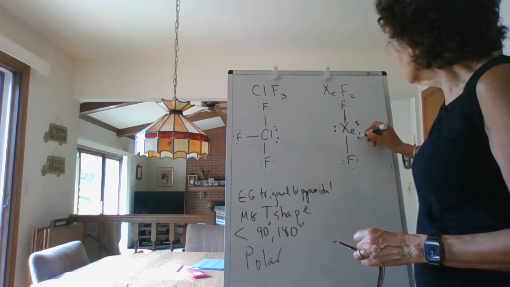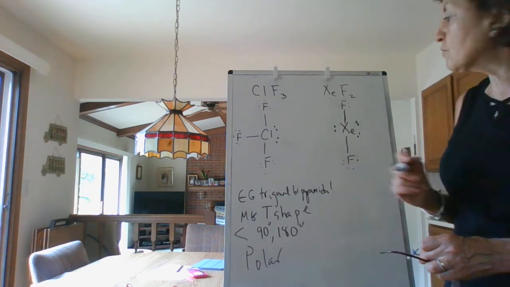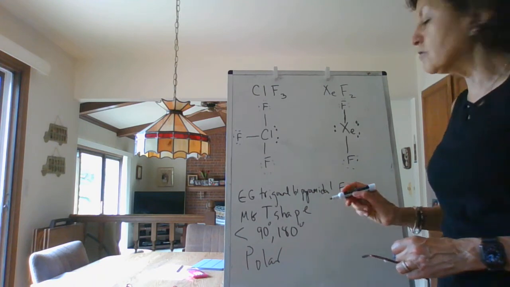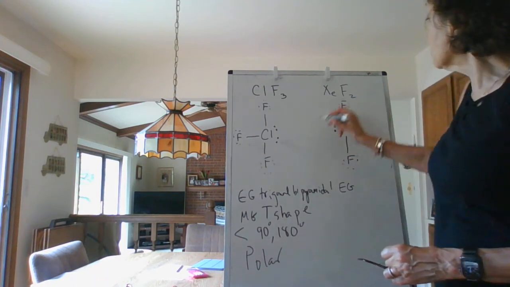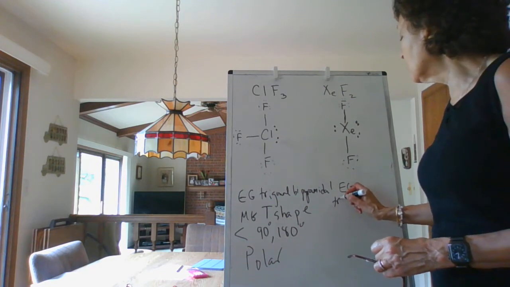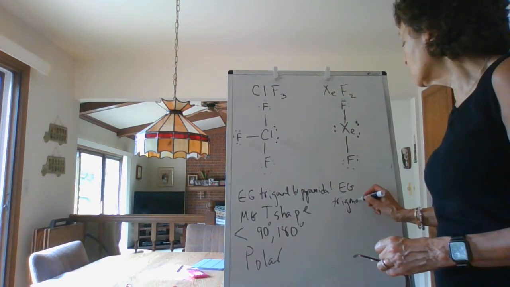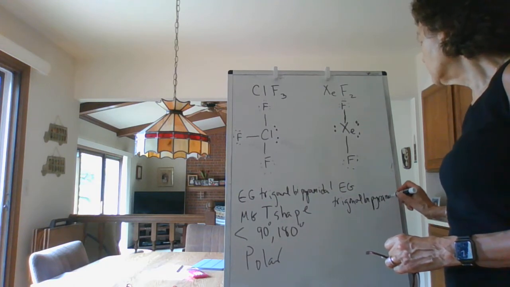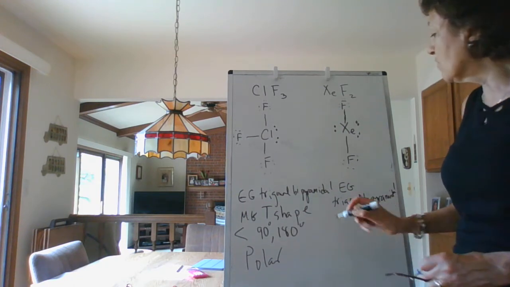So the electron geometry, because there are 5, is trigonal bipyramidal.